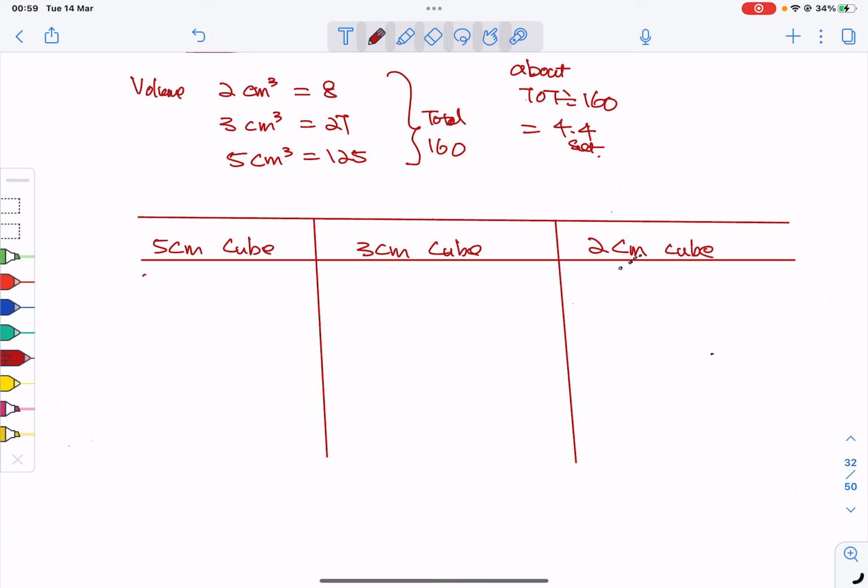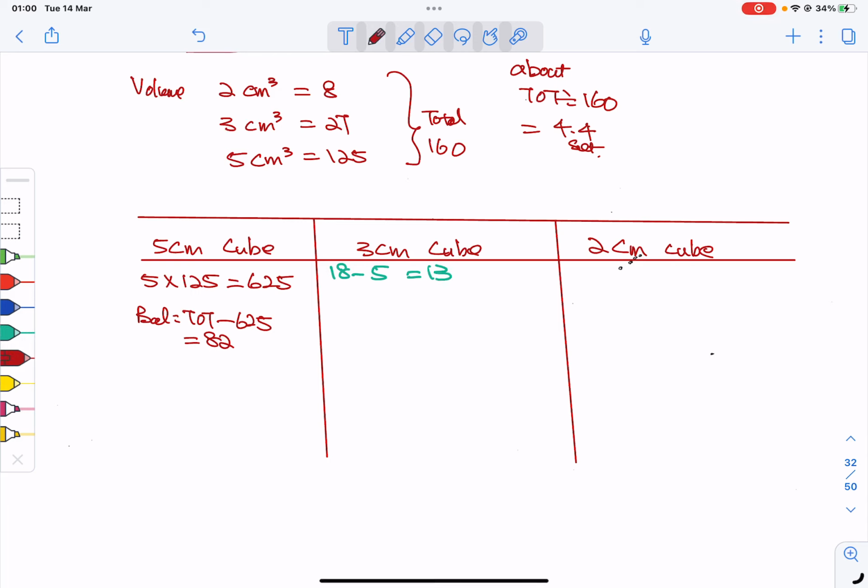If we guess 5 pieces of 5 cm cube, I will have 625 cm cube. So balance, because they say total is 707, minus 625, I will have 82 to share among the 3 cm cube and 2 cm cube. However, they tell us total is 18 pieces. So if I minus away 5 pieces, I will be left with 13 pieces.